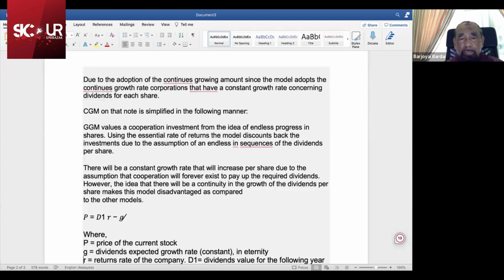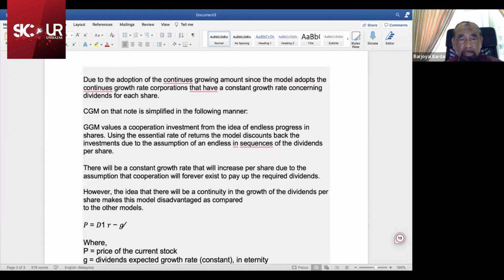There will be a constant growth rate that will increase per share, due to the assumption that the corporation will forever exist to pay the required dividend. However, the idea that there will be continuity in the growth of the dividend per share makes this model disadvantaged compared to the other models.